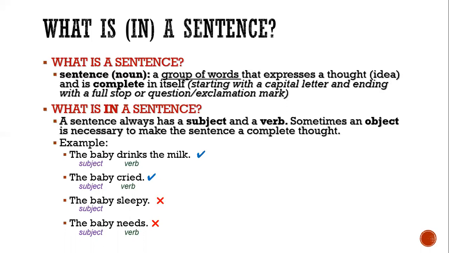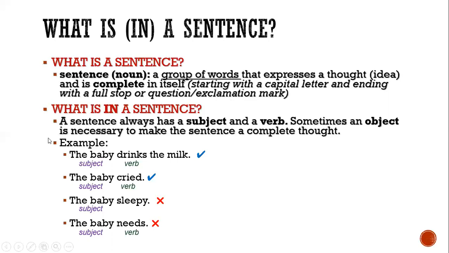A sentence usually starts with a capital letter and ends with a full stop or an exclamation mark. Full stop is this, titik. Question mark means tanda tanya, exclamation mark is tanda seru.